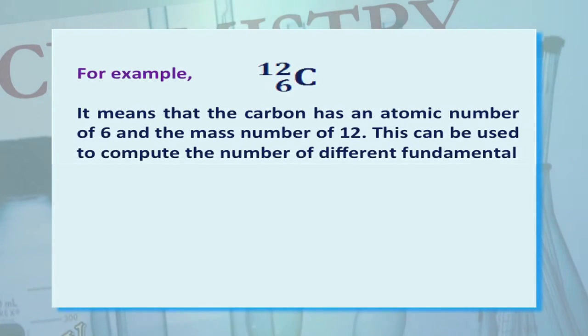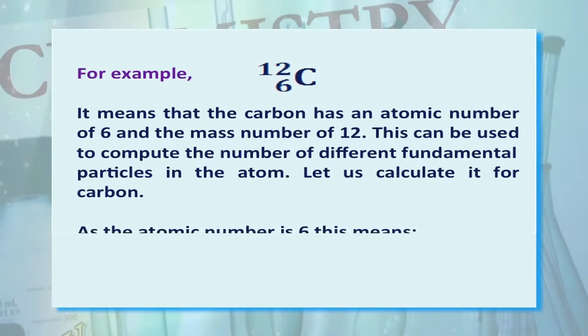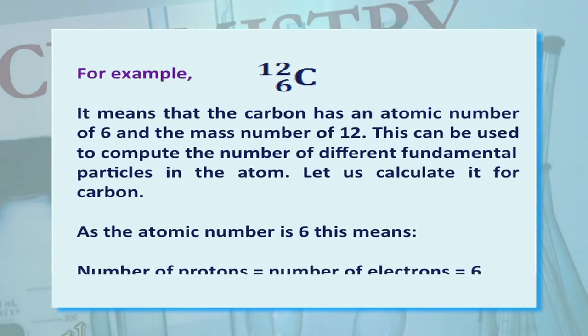This can be used to compute the number of different fundamental particles in the atom. Let us calculate the electrons, protons and neutrons for carbon. As the atomic number is 6, this means the number of protons is equal to the number of electrons, which is equal to 6, because it is a neutral atom.